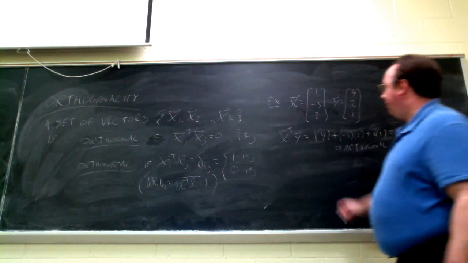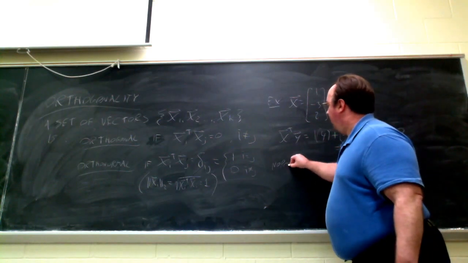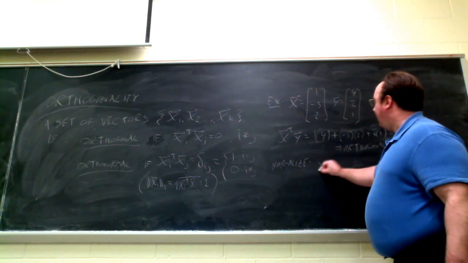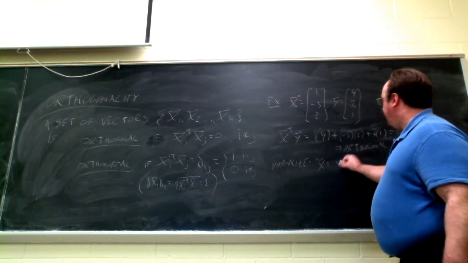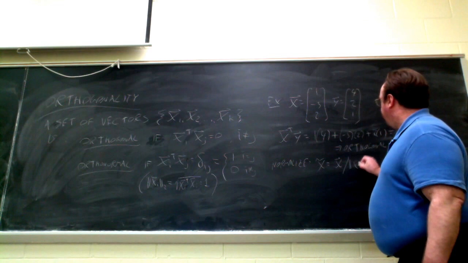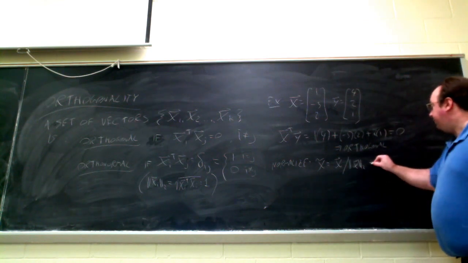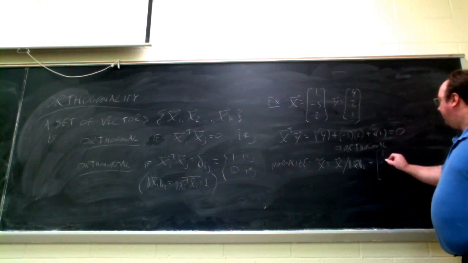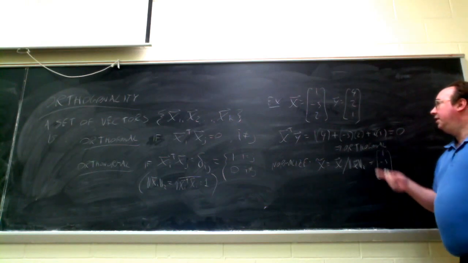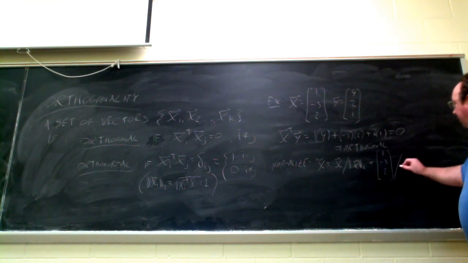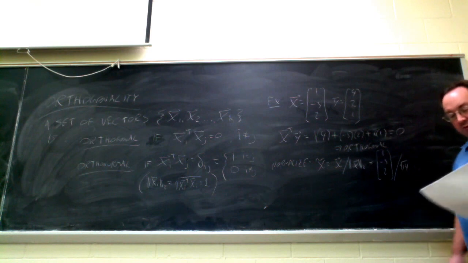So what we can do is normalize. If I define x tilde to be x divided by its own 2 norm, so 1, minus 3, 2, and I take the square root of the sum of squares, it's divided by the square root of 14.